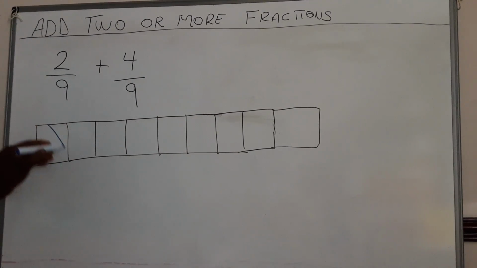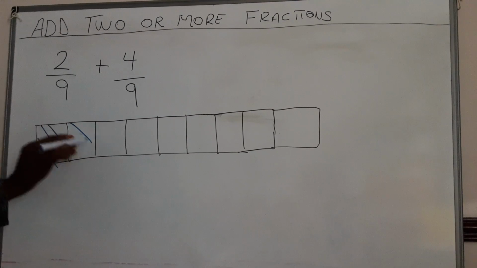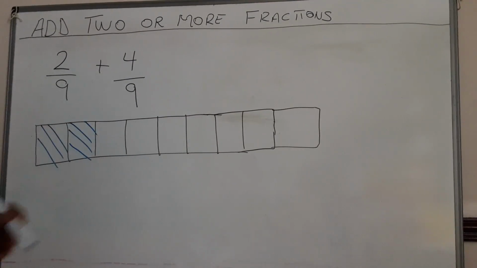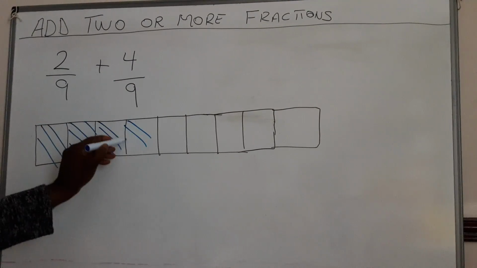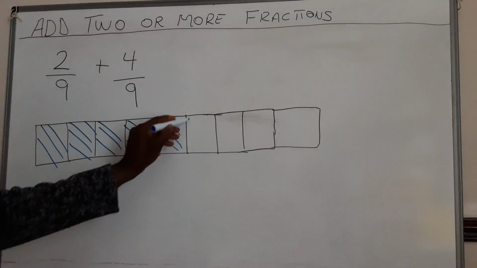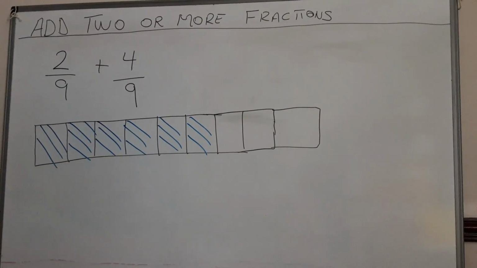So let's shade this. So this is 1 and 2. And the next one is telling us to shade 4 parts of the bar model. So let's count along. 1, 2, 3, 4. So now we can count in total how many parts are shaded. So let's count together.